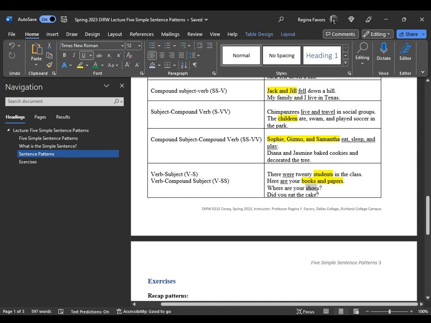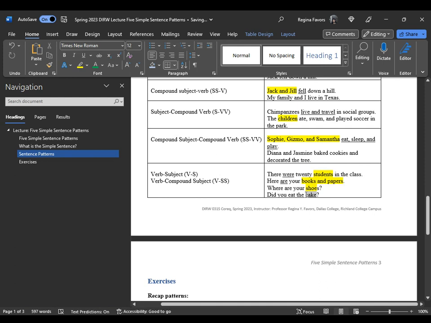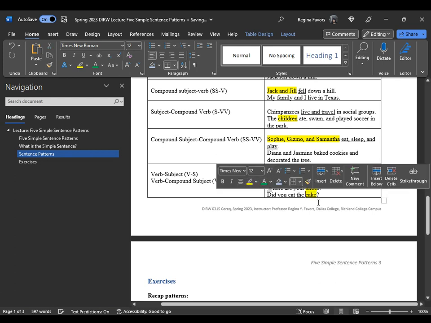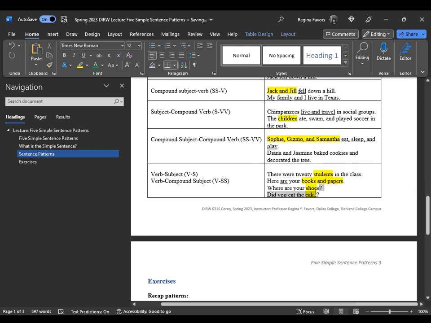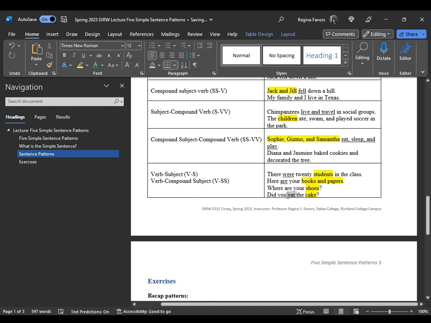So shoes is the subject of the sentence. Cake is the subject of the sentence here, right? And then eat would be the verb, as well as are would be the verb here. Okay, so verb subject, verb compound subject.